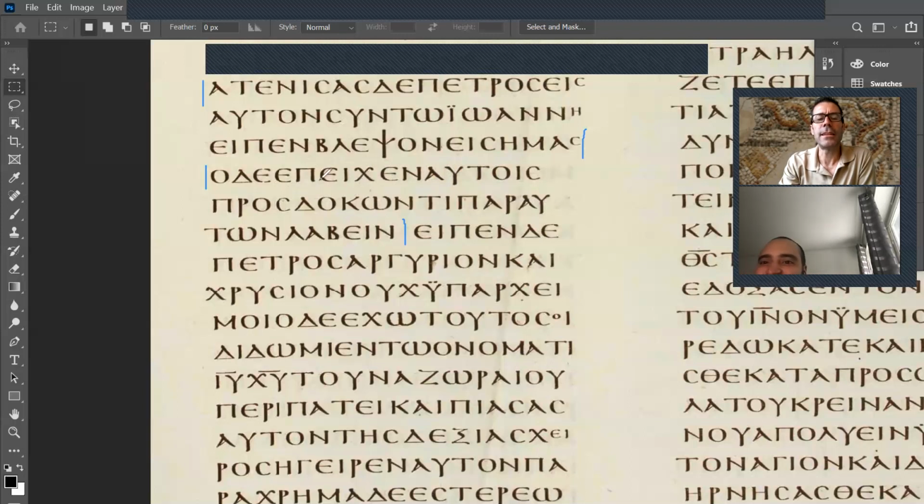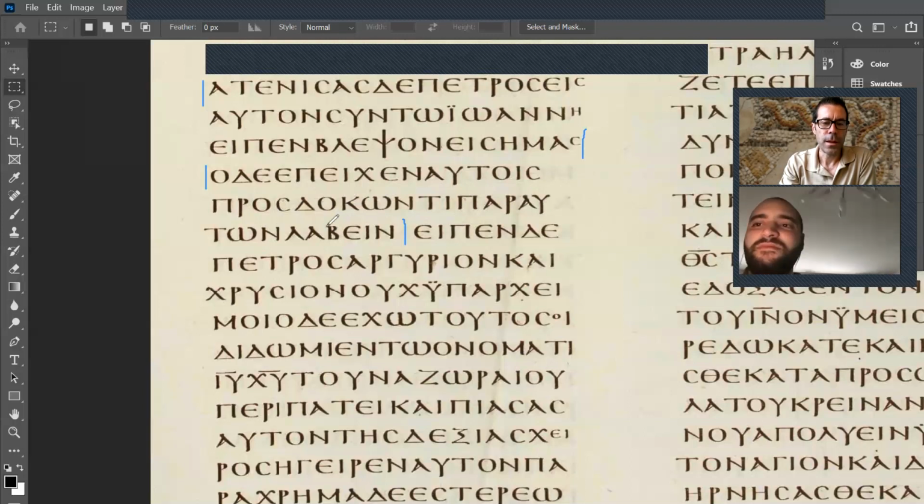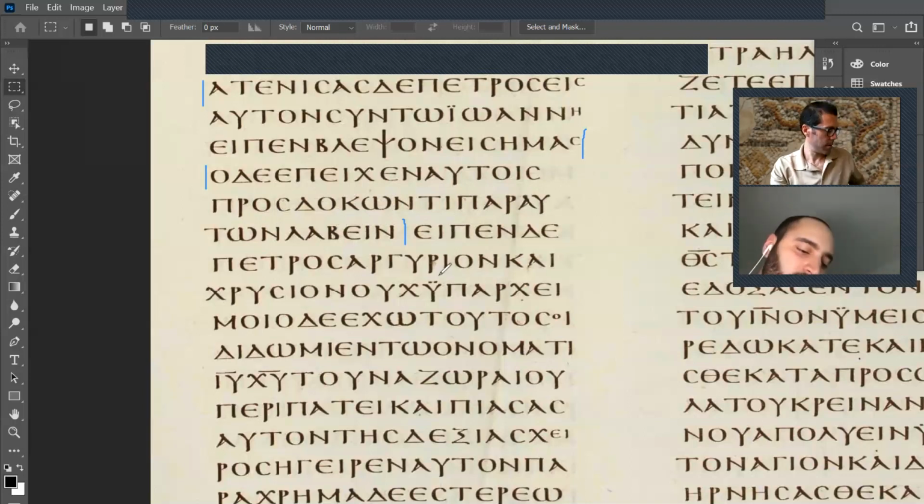I think it has something to do with looking. Okay. Prosdokon, expecting something, par auton, from them, genitive, plural, labein, to receive. And here we have the infinitive. All right, great.